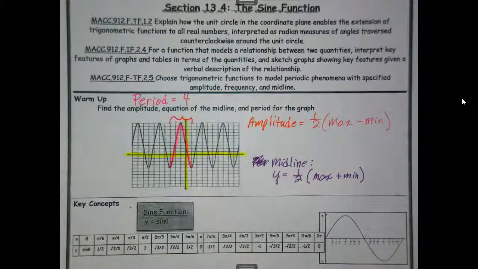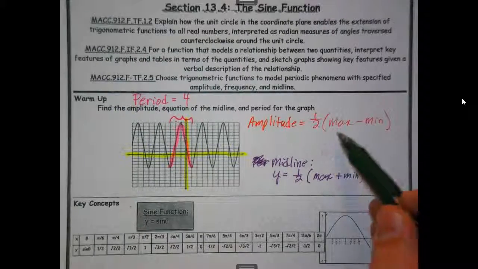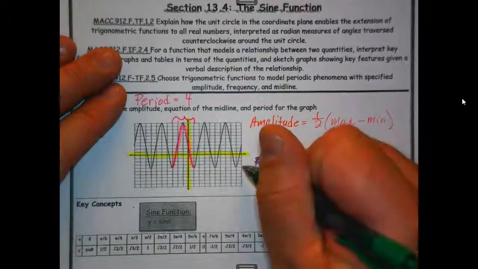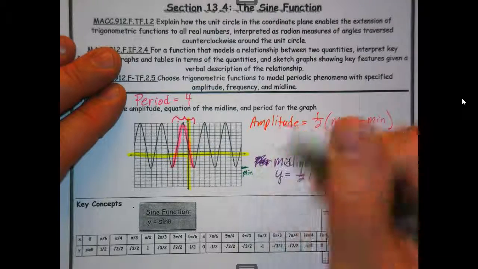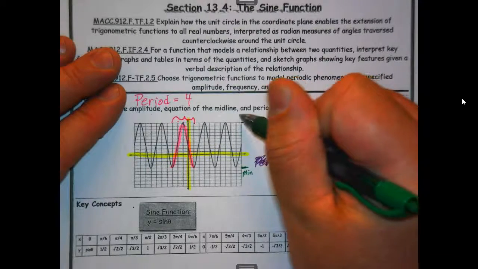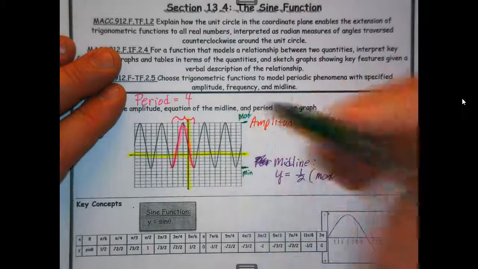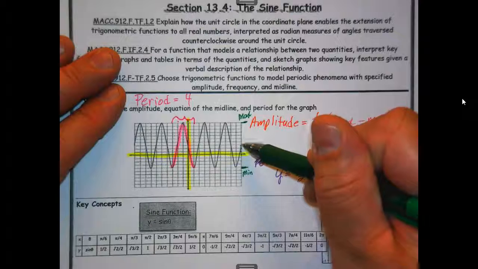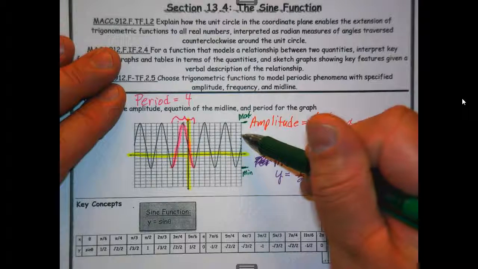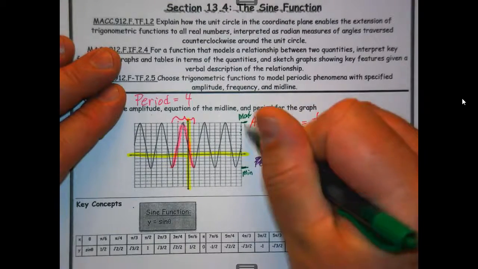Okay, let's find the amplitude. We need the max and the min. So here's my min. Here's my max. The max is going to be 1, 2, 3, 4, 5, 6, 7, 8, 9, 10.